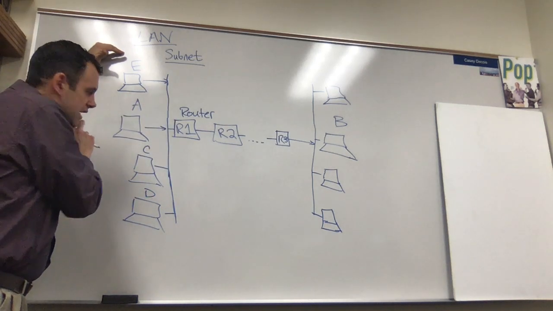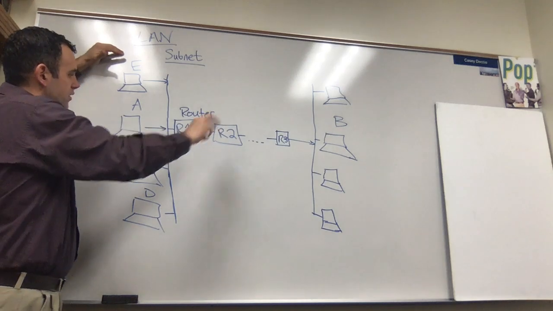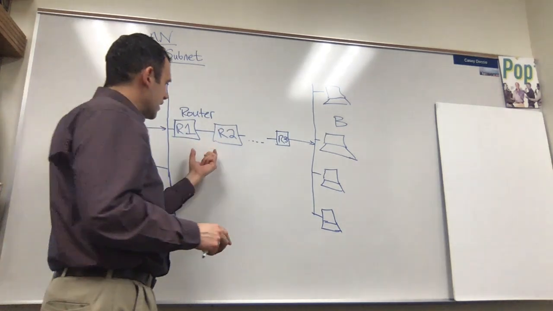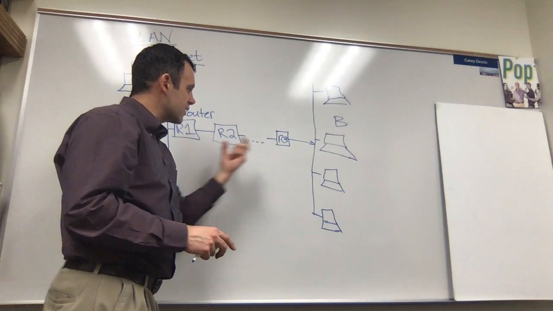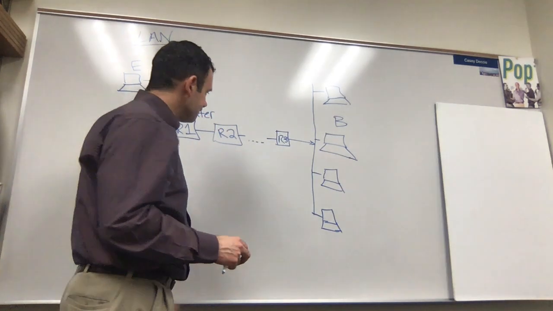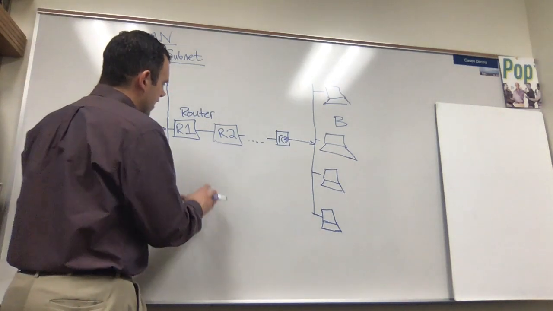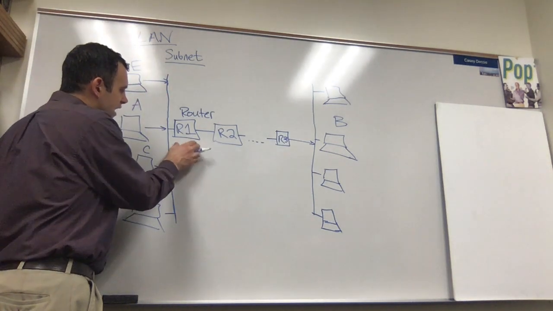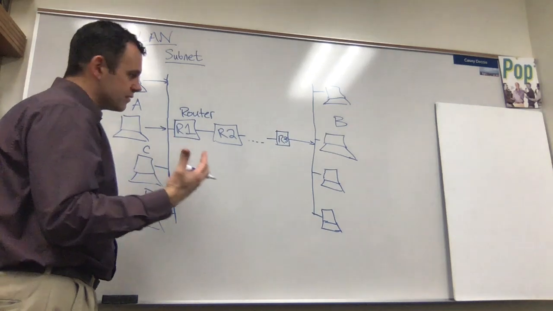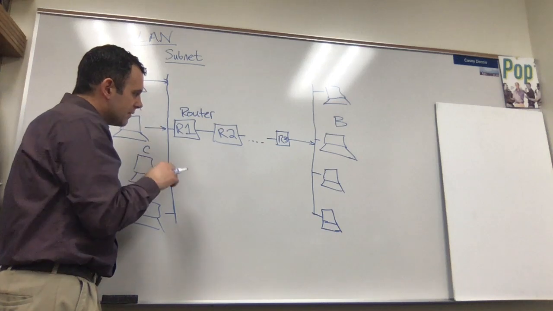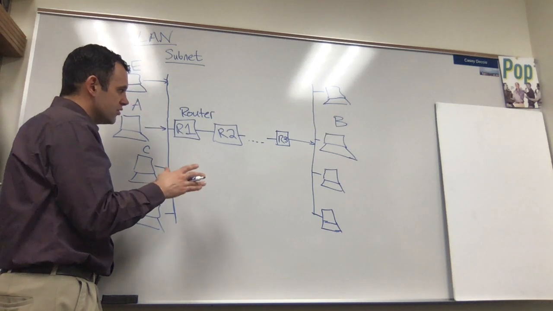It can also get things out of its local area network by using its router, and this router knows how to find the next hop, and this router knows how to find the next hop, and so on. Now, these routers use some smart algorithms to determine the next hop. And in the end, that's all they really want to know.